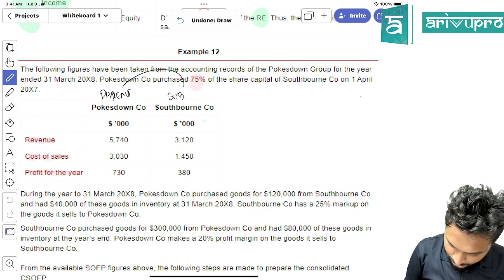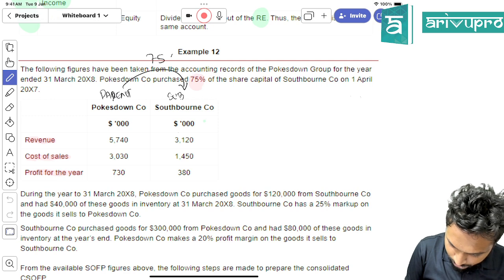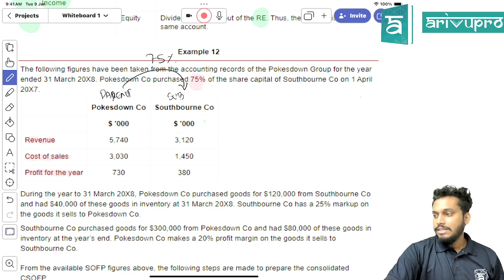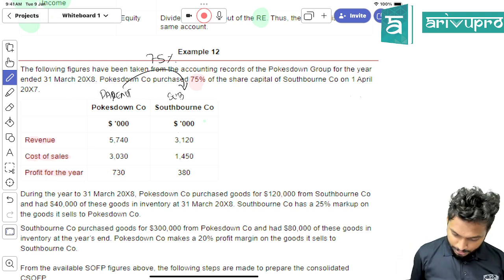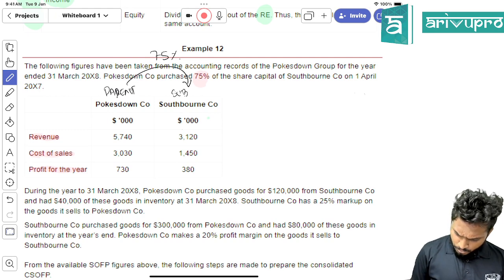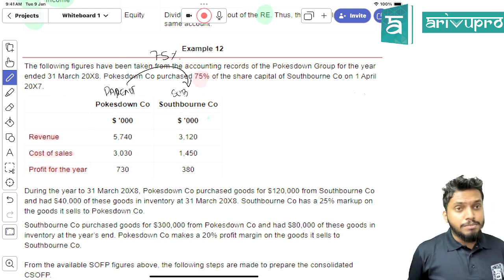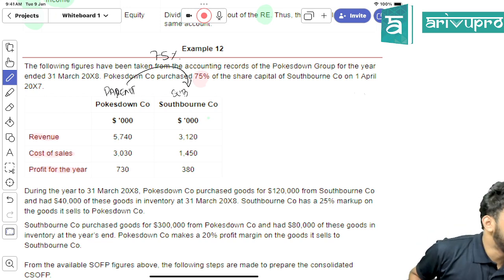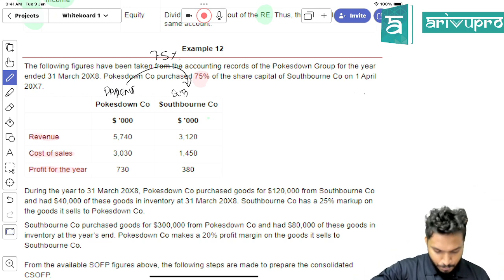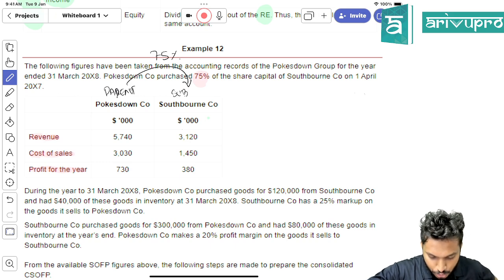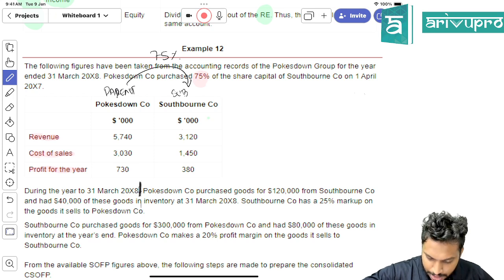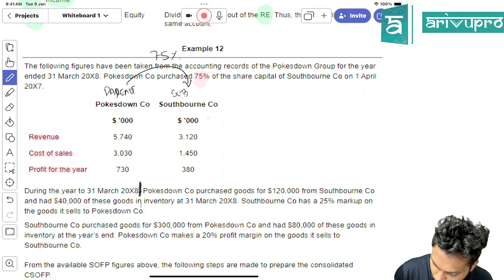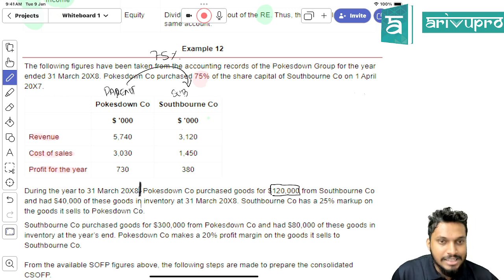So the parent company has invested 75%. Okay. Now let's see. They have given some adjustments to us. First listen to these adjustments, how we are going to do it. During the year ended 31st March 2018, P company purchased goods for 120,000 from S company.